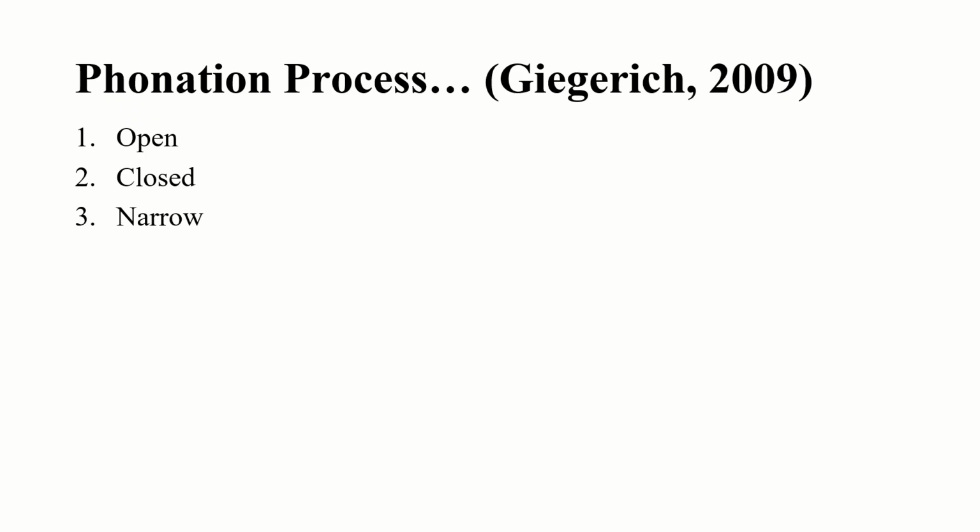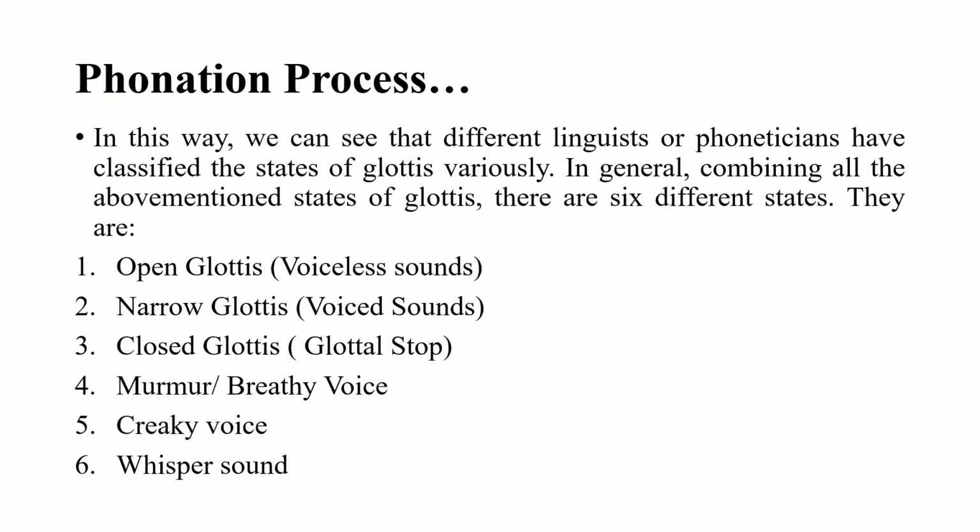So when we combine all these states of the glottis given by different scholars, we can say that there are 6 different states of the glottis. One is open glottis, next one is narrow glottis, closed glottis, murmur or breathy voice, creaky voice, and next one is whisper. So these are the common 6 states of the glottis.